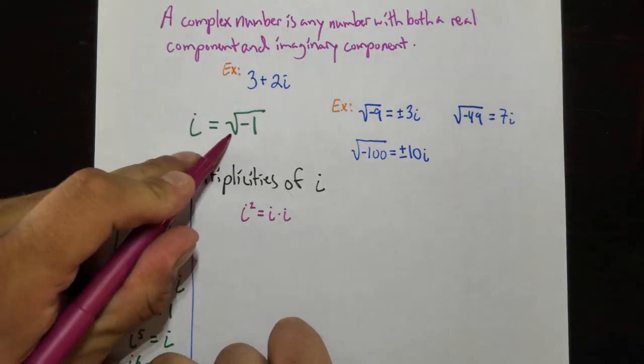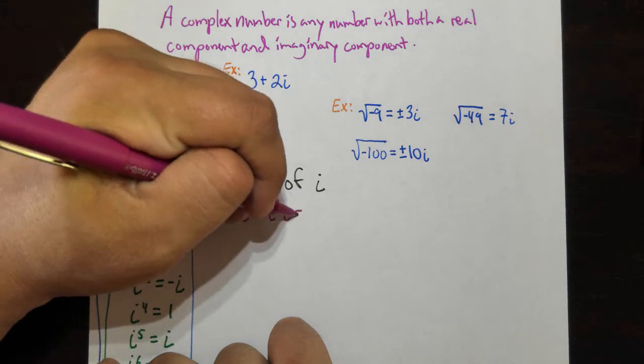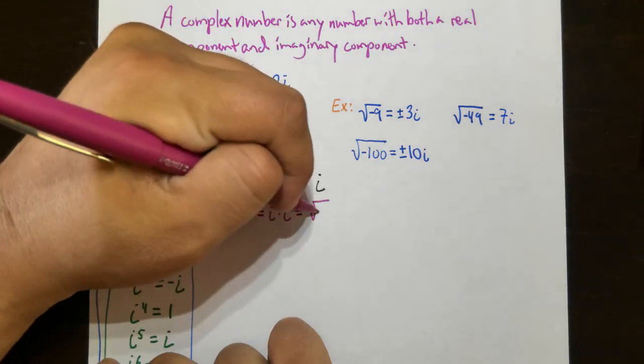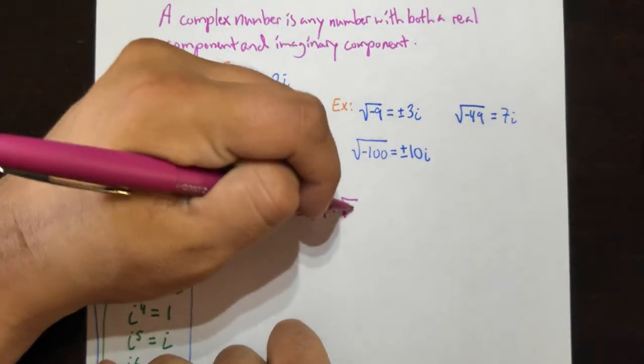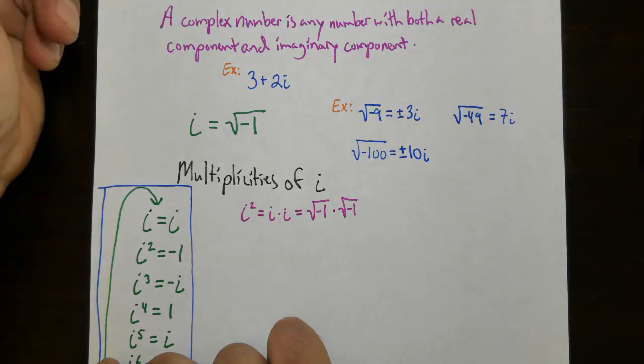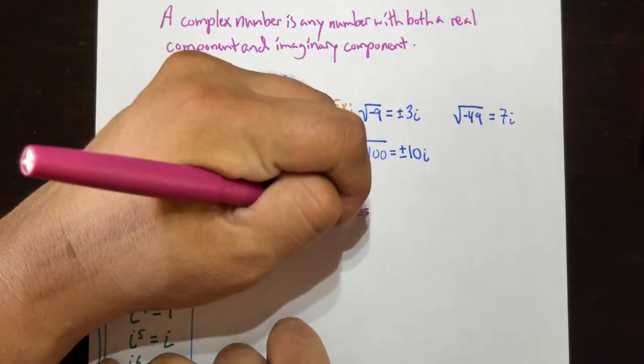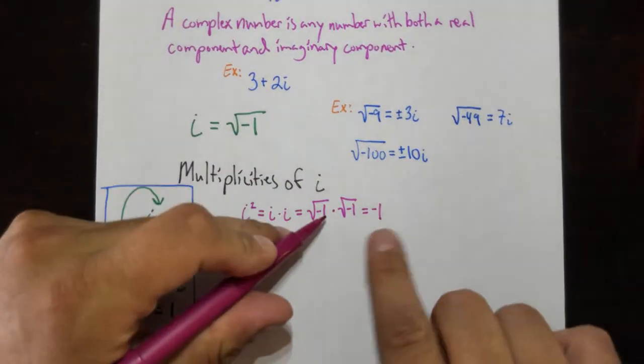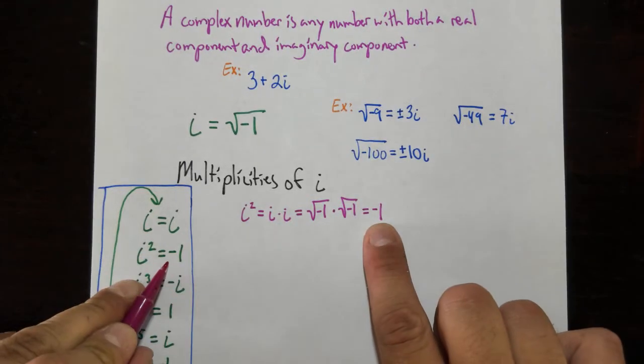And if i is equal to the square root of negative 1, I can replace it as the square root of negative 1 times the square root of negative 1. Which, what is the square root times the square root of itself? It's just itself. So the square root of negative 1 times the square root of negative 1 is negative 1.